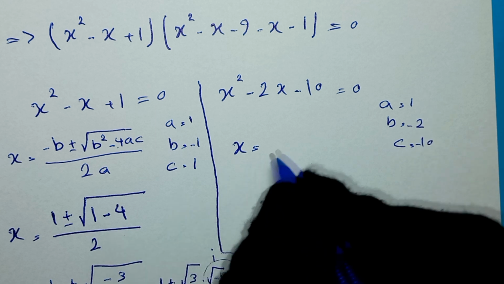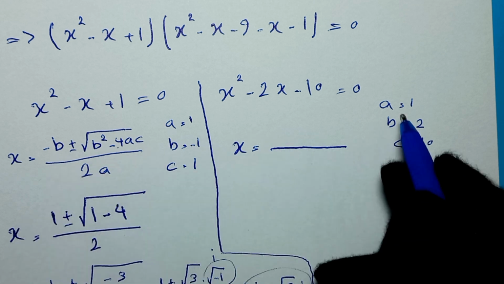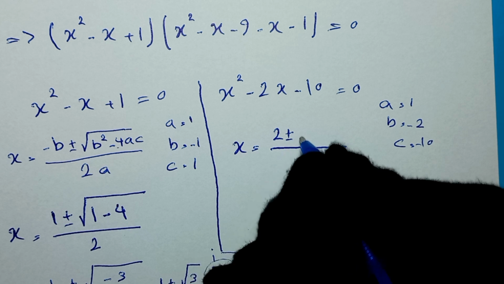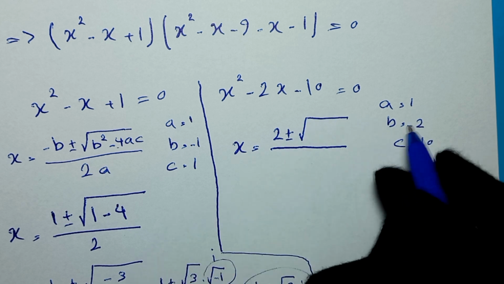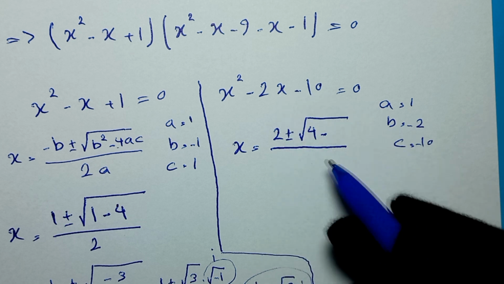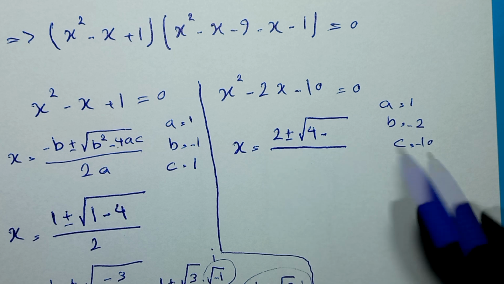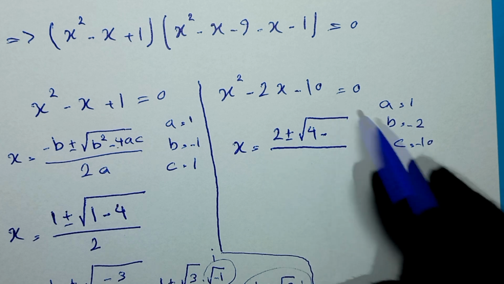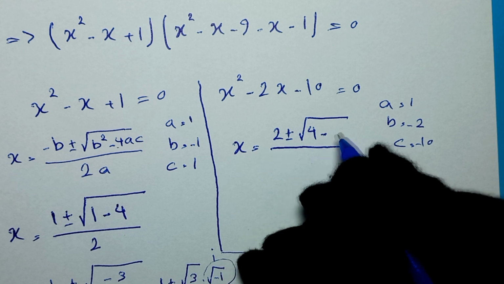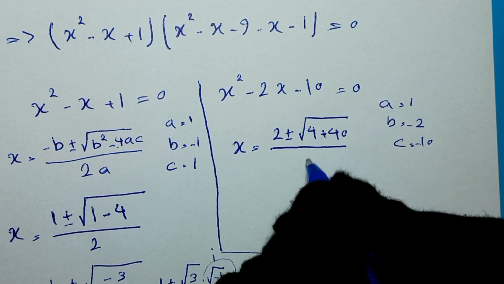So x is equal to negative b, negative 2 is positive 2, plus or minus the square root of b squared, which is 4, minus 4 times a times c. 4 times 1 is 4, and times c, which is negative 10, so 4 times negative 10 is negative 40, and negative 40 is positive 40, over 2a, and 2a is 2.